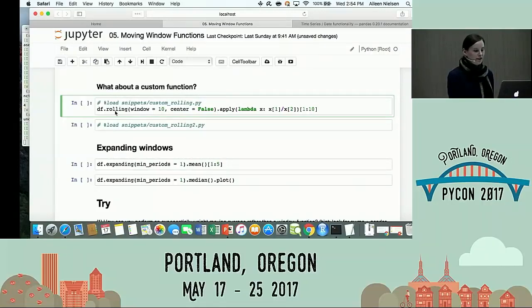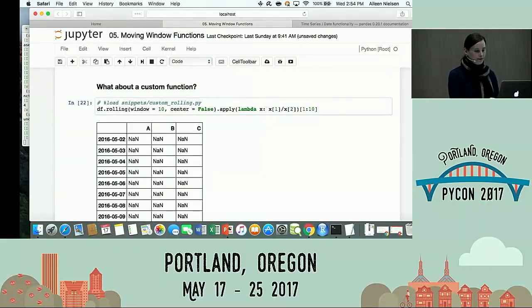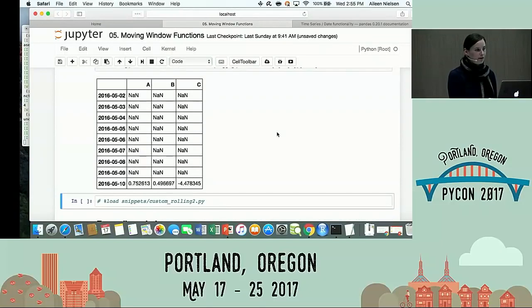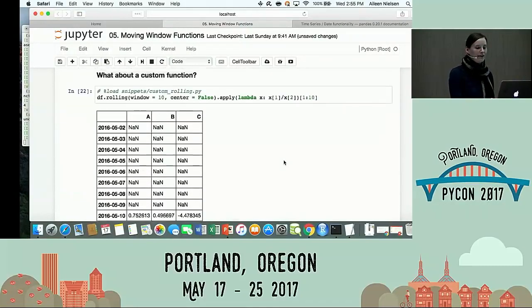So I've got a fairly dysfunctional example here of what you might want to do. df.rolling, let's say I've got a window of size 10. I'm going to just do an apply and stick my lambda right in. And I've got a bunch of NaNs to start with. Why? Those are just at the beginning, right? If my window is looking backwards, I need to get to 10 before I have anything.